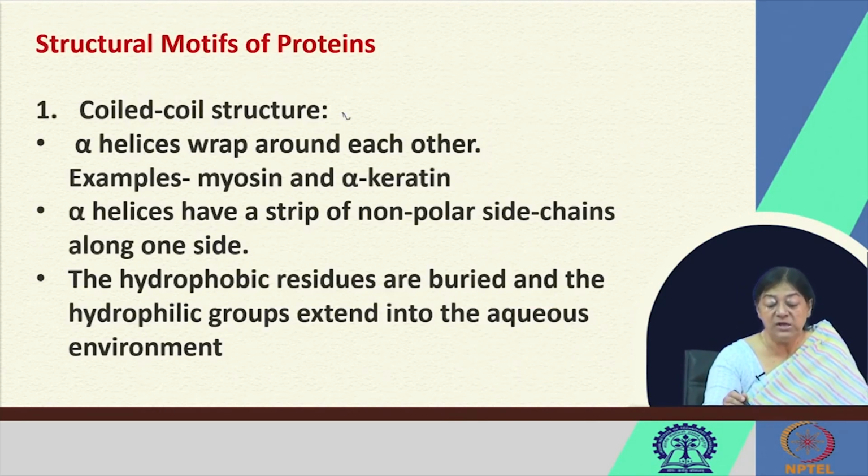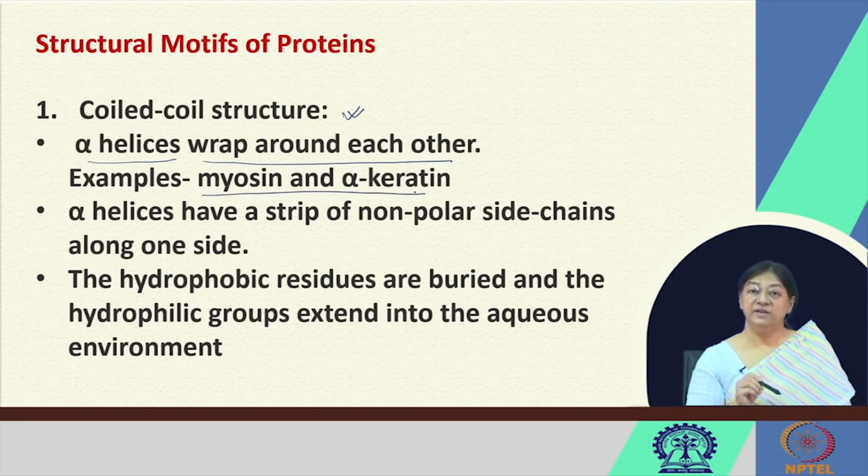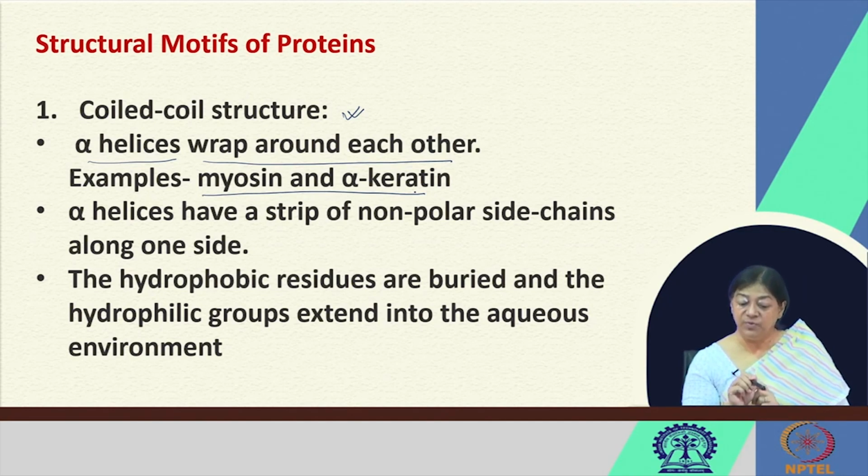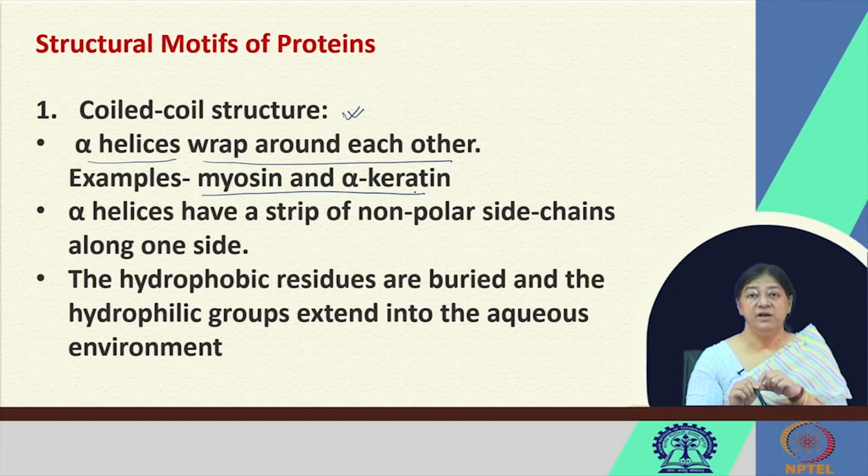So, in the coiled coil structure that we saw, the alpha helices wrap around each other. These examples are myosin and alpha keratin, and if we remember, they were present in the muscles and in hair. So, these are the fibrous type proteins.